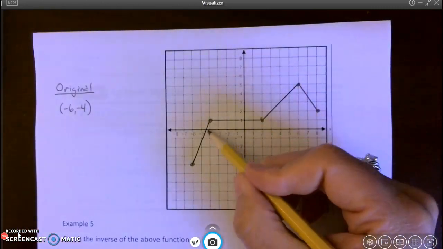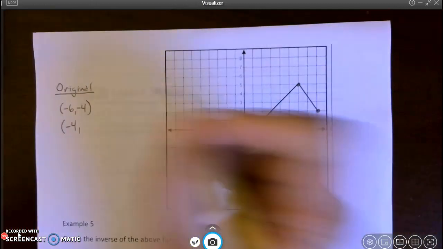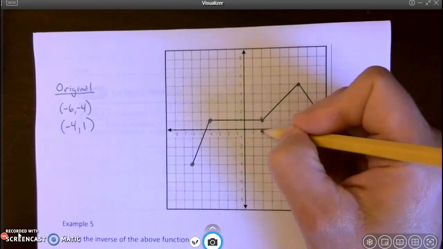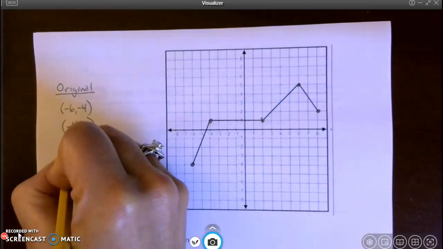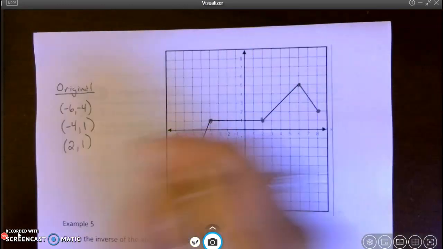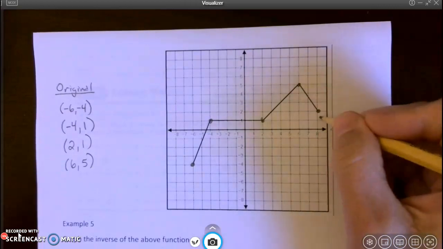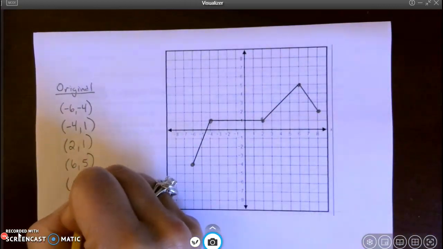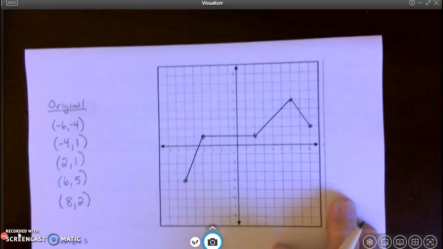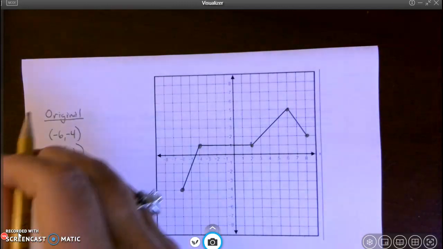And then -4, 1. Then 2, 1. 6, 5. And 8, 2. Then what I'm going to do is I am going to find the inverses.